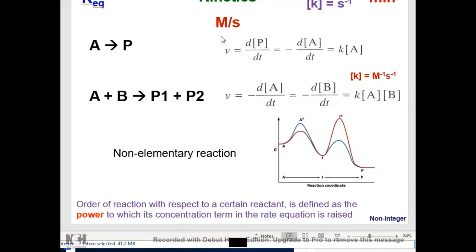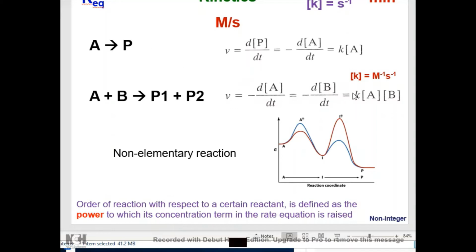The rate of reaction is mole per liter per unit of time. It's either second or minute. In biochemistry, minutes are used most frequently. And this unit is common for rates of unimolecular or bimolecular reactions.